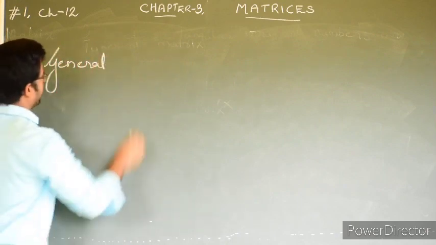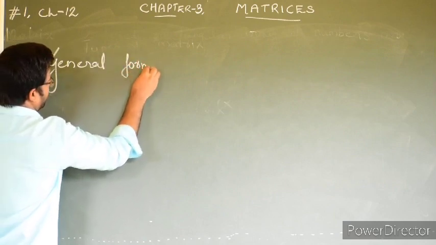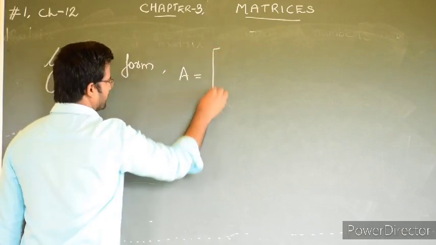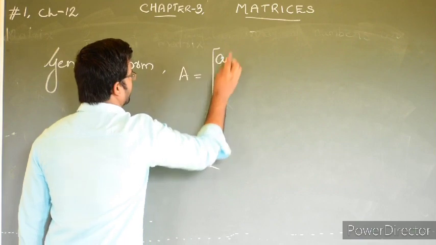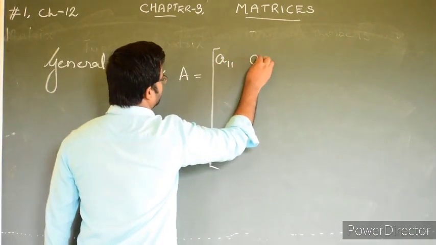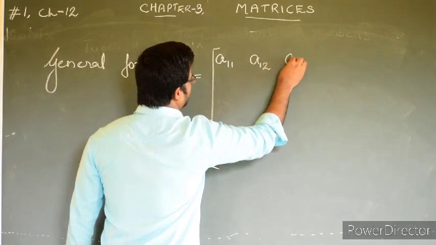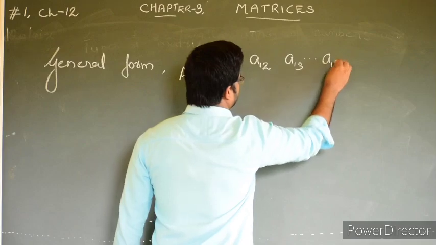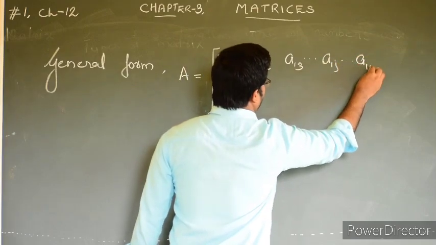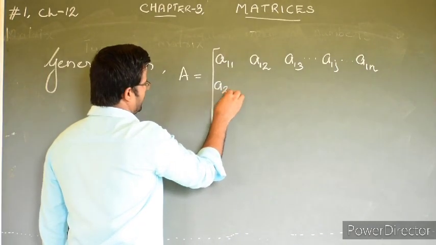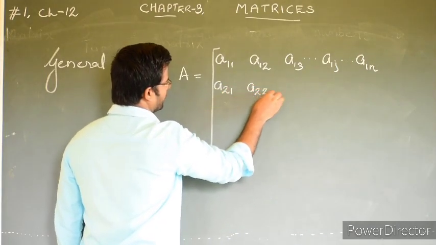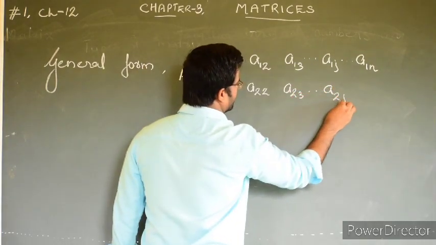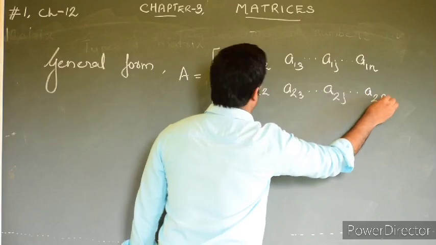Then we can see now the general form of a matrix. A11, A12, A13, etc., A1J, etc., A1N. A21, A22, A23, etc., A2J, A2N.